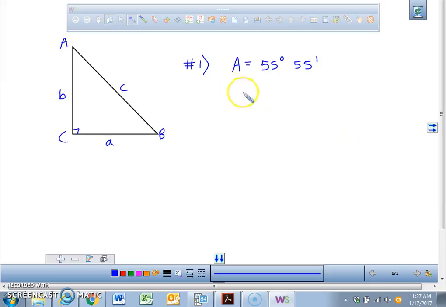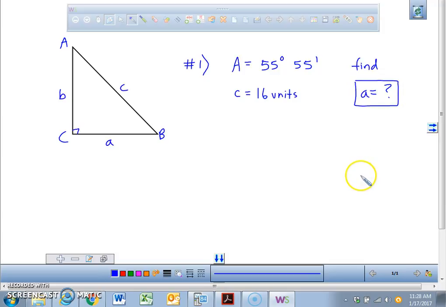Side length C is 16. So lowercase c is equal to the length of 16, and just write the word units. Okay? And what are we attempting to find or locate? Side A. So we need to find the distance of lowercase a. That's what we're going to find.